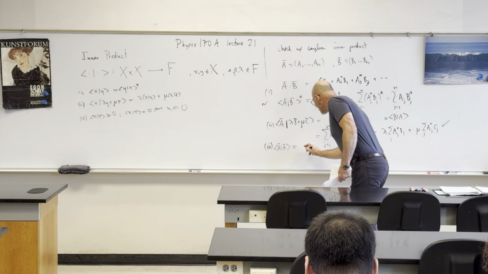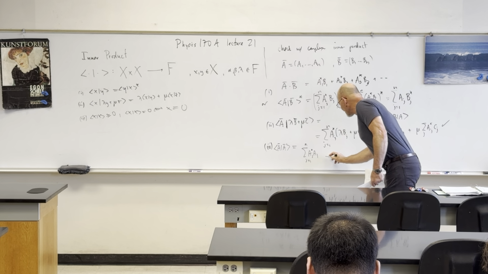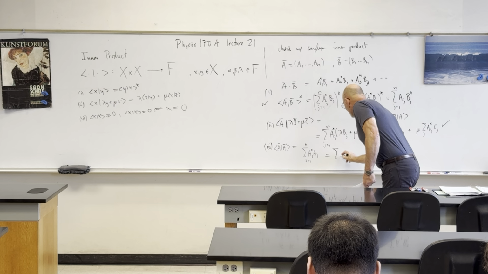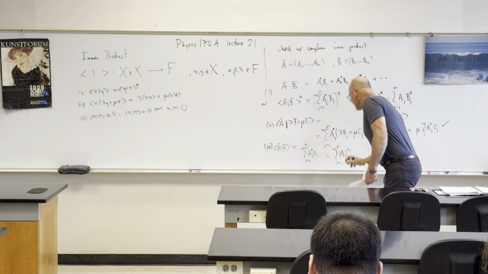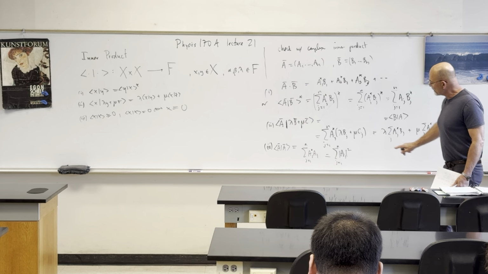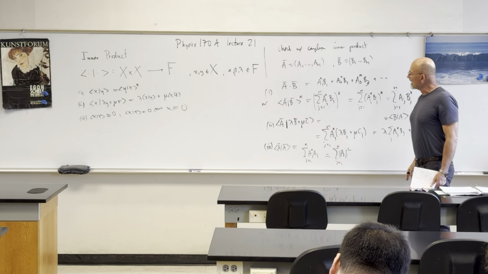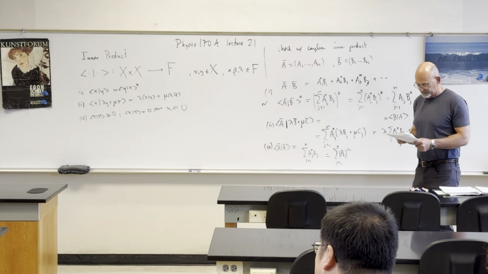You've got to have the A sub J star, A sub J. That turns into the sum of the A sub J complex conjugate times A sub J, J equals 1 to n. So that's the property we had at the very beginning when we studied complex numbers. You're just inheriting it and implementing it over a whole sum of these things.